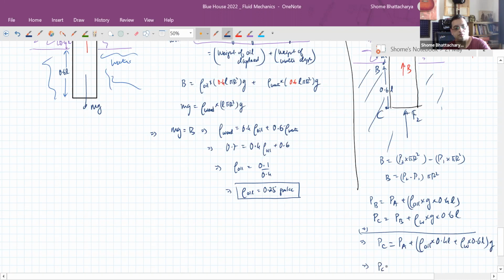this pressure difference is actually our P2 minus P1.